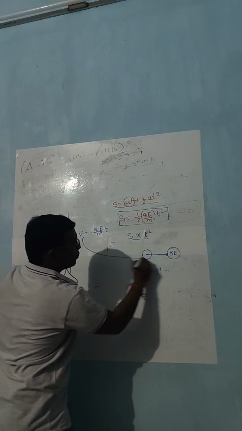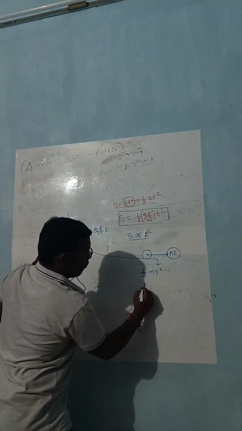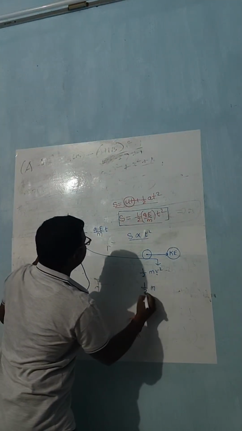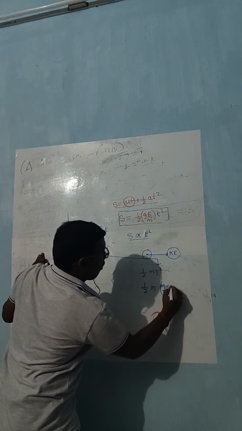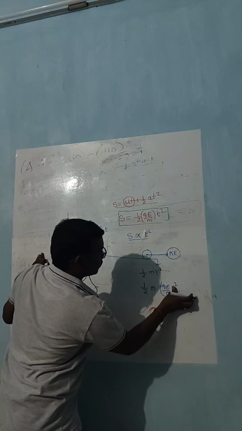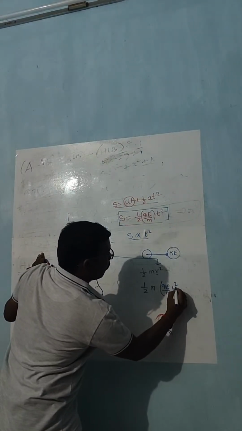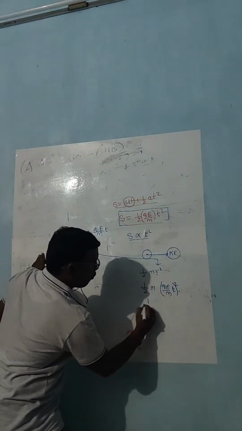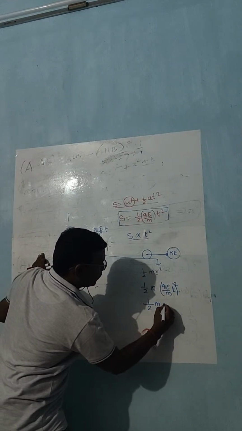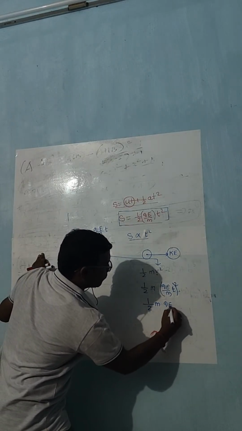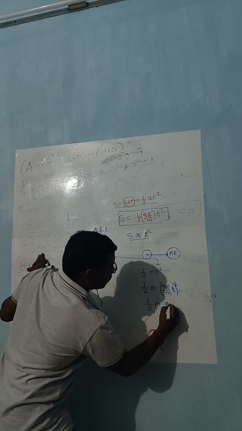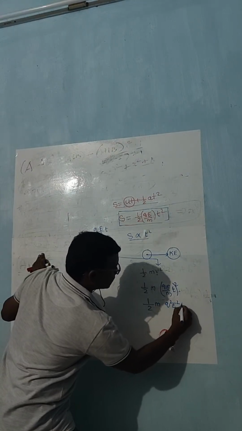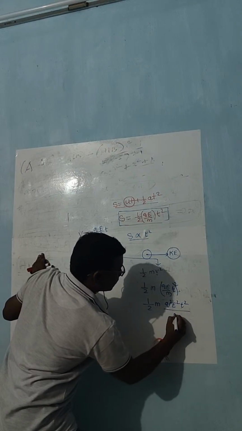So we have to substitute this here: 1 by 2 m into qE by m whole square. Sorry, here t is also there, t whole square. Now 1 by 2 m into q square E square t square by m square.